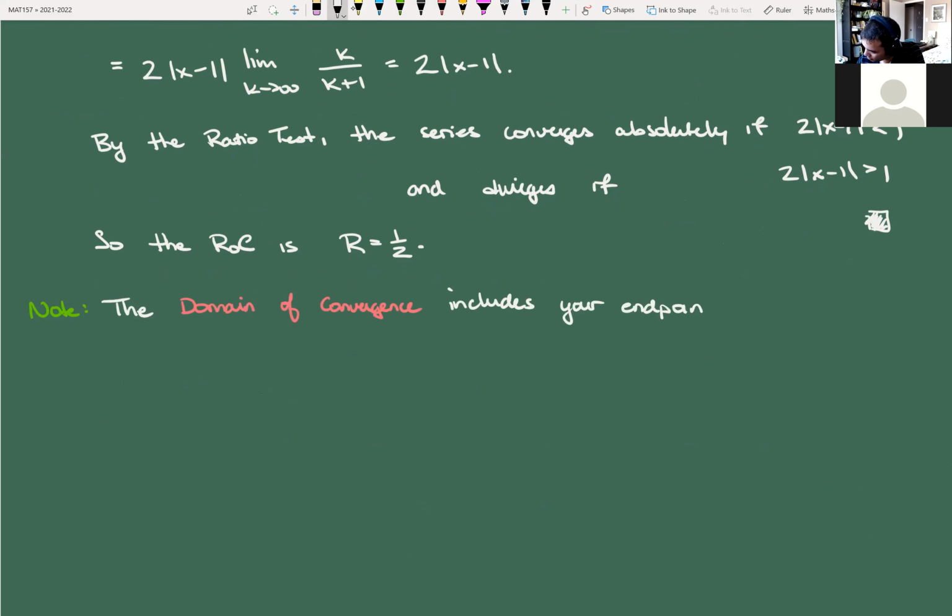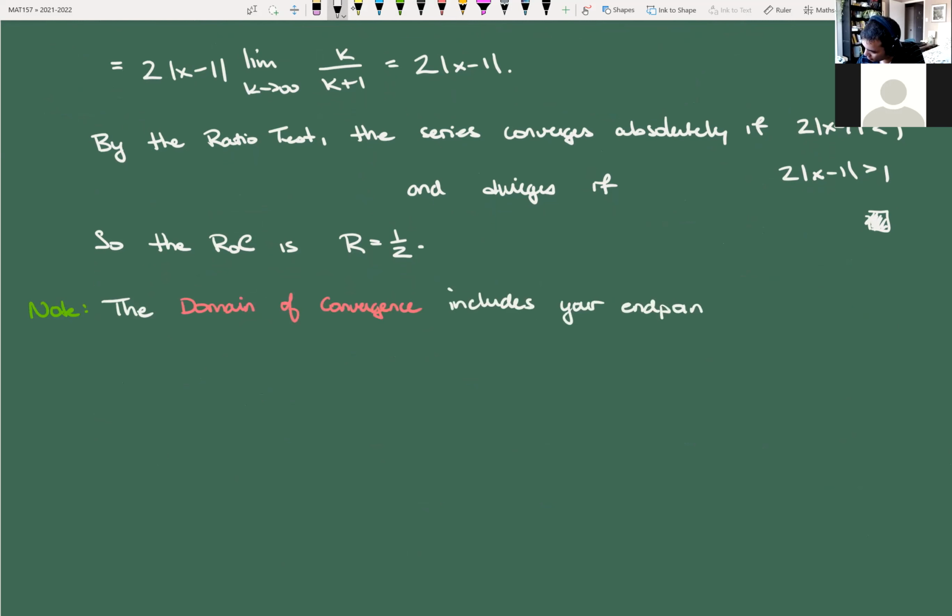Well, if x is equal to 1, your series definitely doesn't converge, because you're just adding 1 to itself over and over again. When x is equal to -1, you don't get convergence either, because you get -1 plus 1, -1 plus 1, and so your partial sums become 0, 1, 0, 1, 0, 1, and that doesn't converge to anything. So the geometric series doesn't converge at either endpoint.